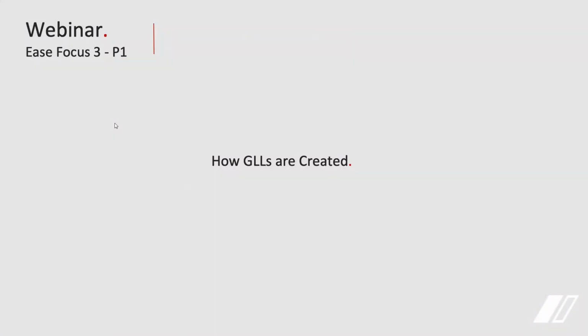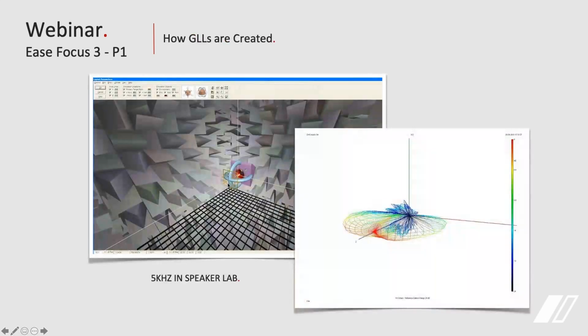What is a GLL and how is it created? A GLL is a file that is created under Speaker Lab. It's pretty much a digital copy of our speaker from every angle.